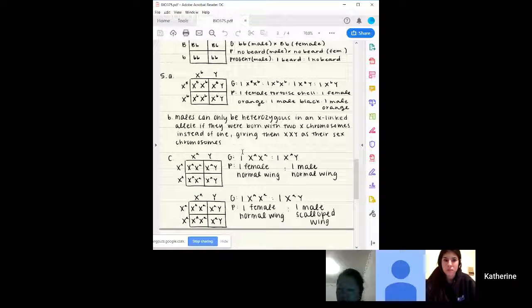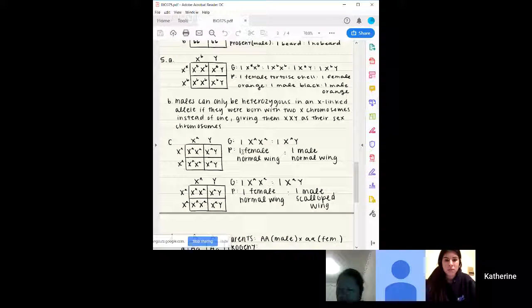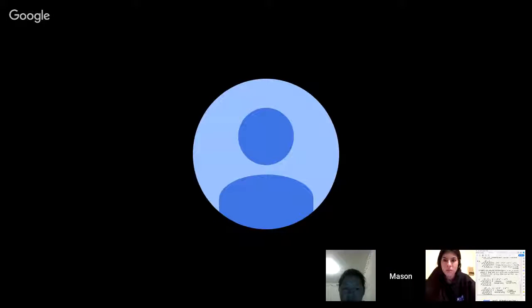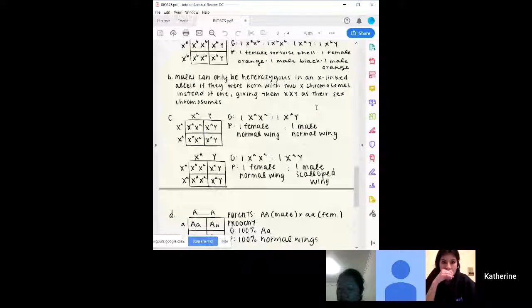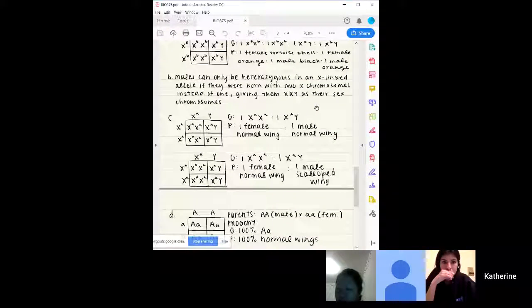I explained it better on my paper, or like in the Word document, but basically the male has an extra X chromosome. And one would be dominant and one would be recessive. And then they'd have a Y chromosome as well. Okay. Does that make sense?